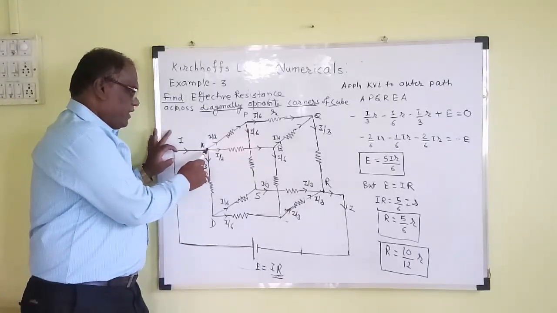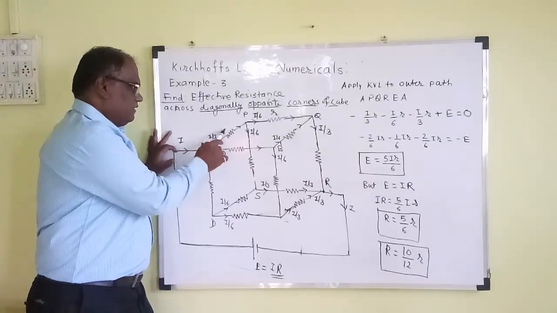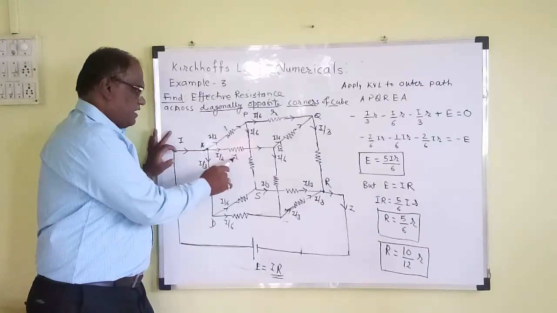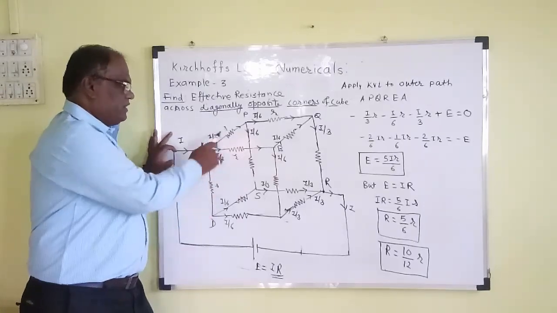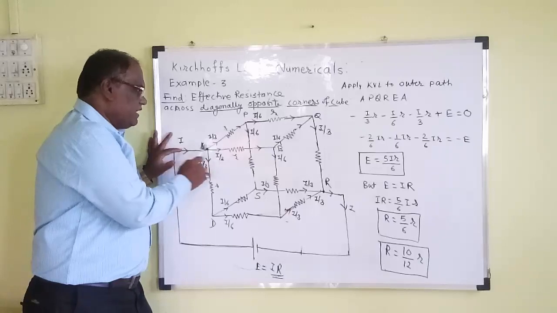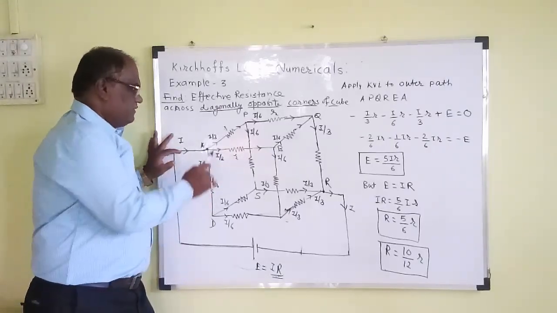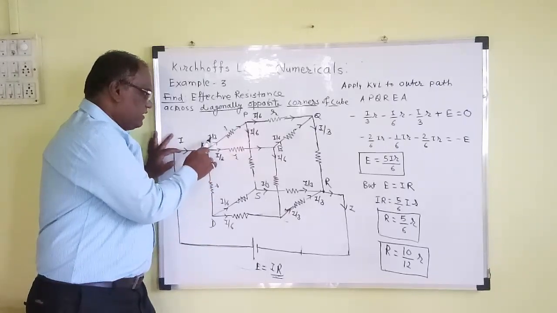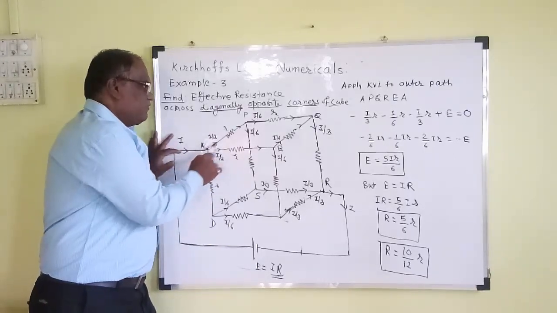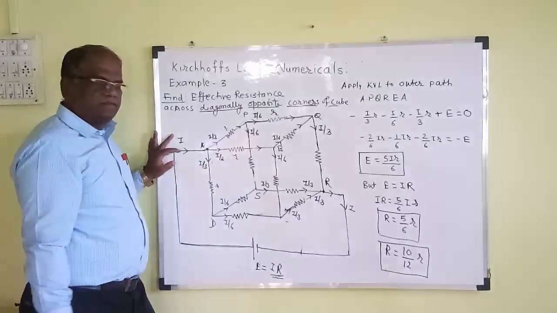I am taking the point A. Here these are the same resistance R, whose value is the same. At this point current I is equally divided into these 3 branches. Hence current I by 3 flows in this branch, I by 3 and I by 3.